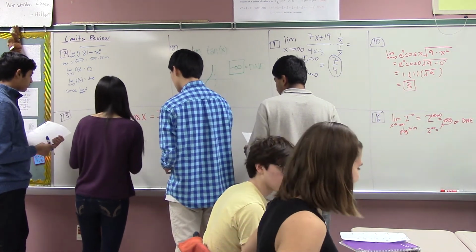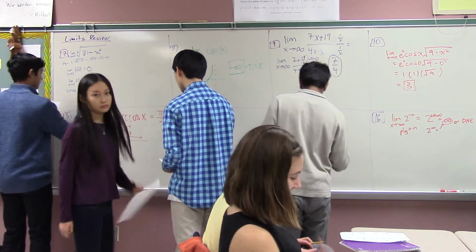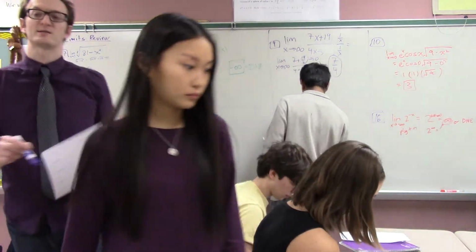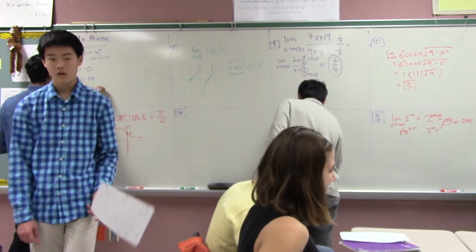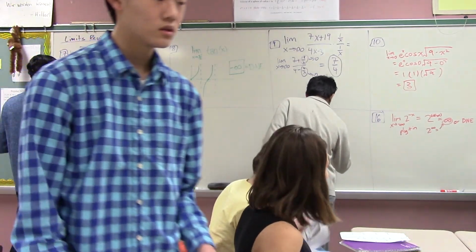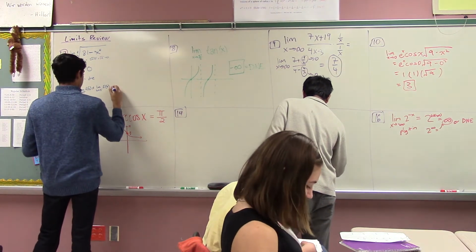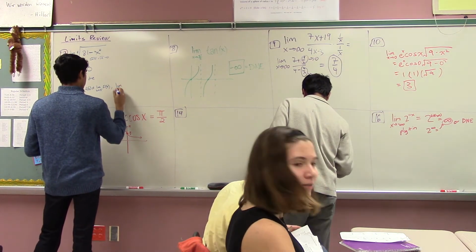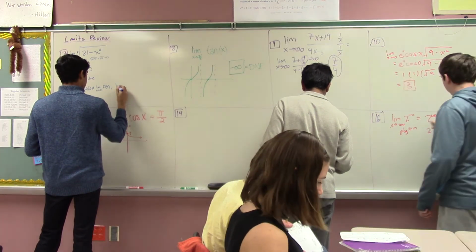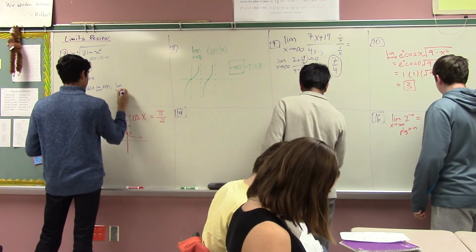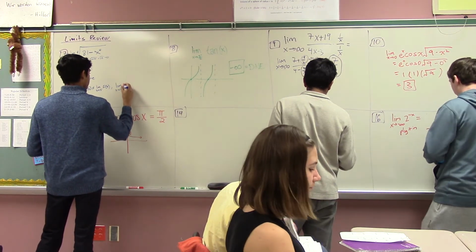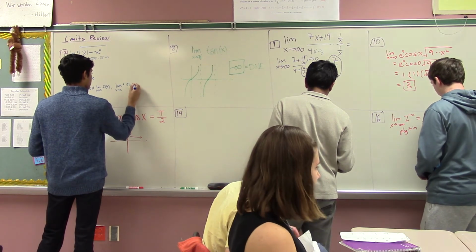Maybe we can even start going over Limits Review 2. Let's do that. You guys who do the front, right? Yeah. So let's put the Limits Review 2 problems up also. You can space it out a little bit.